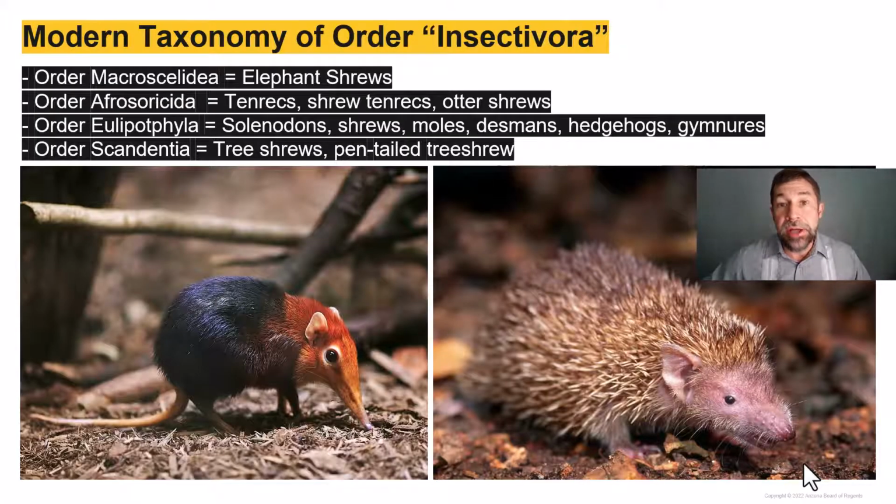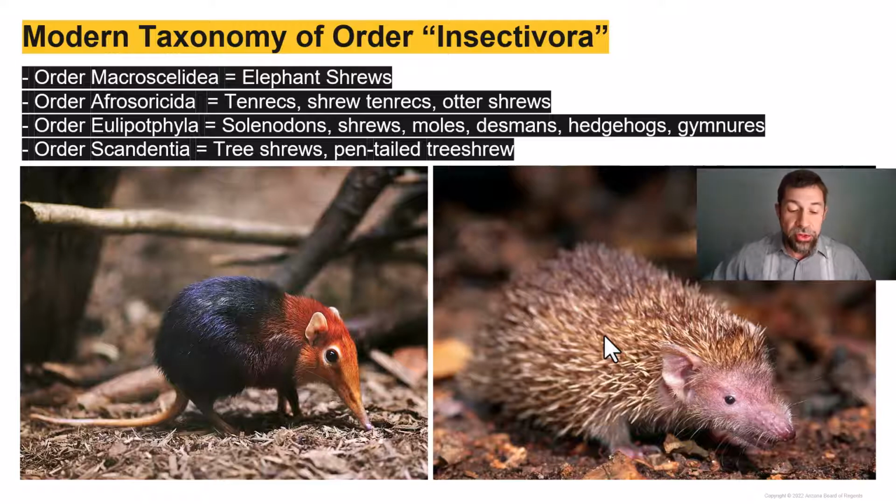Using modern molecular methods, phylogenetic systematists now split the Insectivora into the orders Macroscelidea, which includes the elephant shrews, the order Afrosoricida, which includes the tenrecs, shrew tenrecs, and otter shrews.